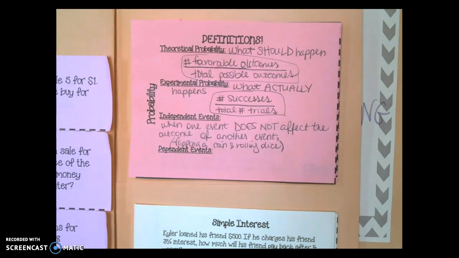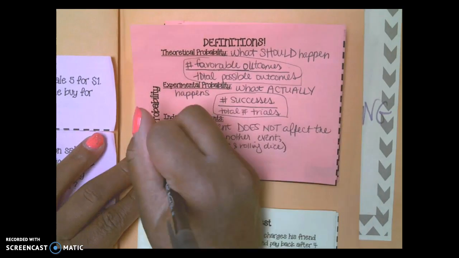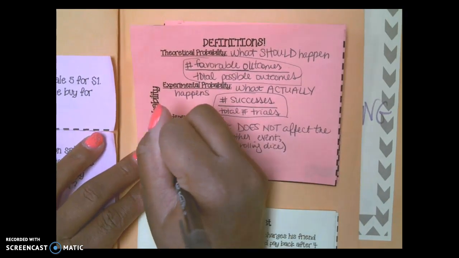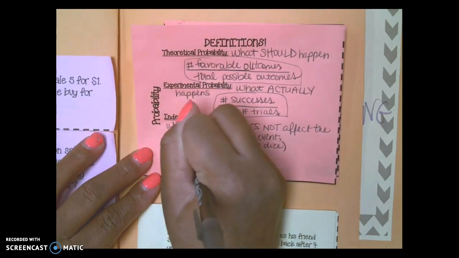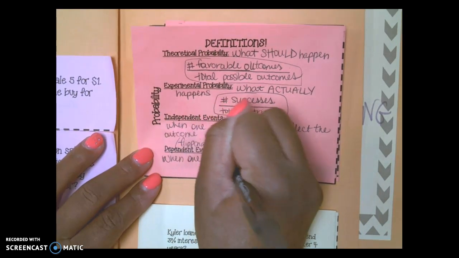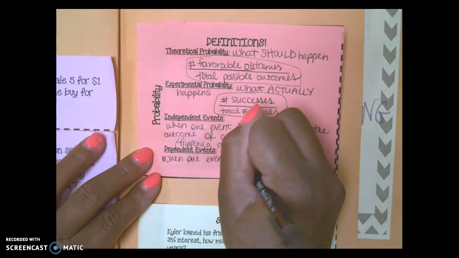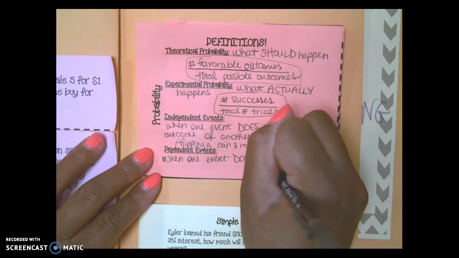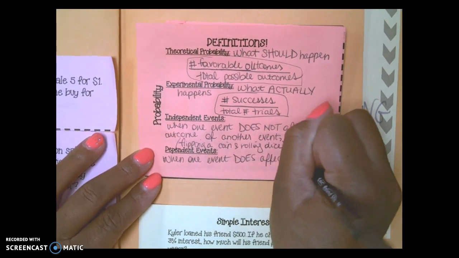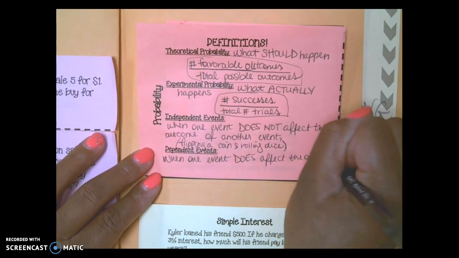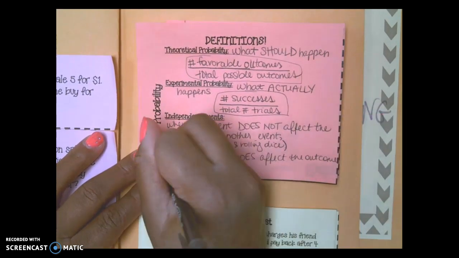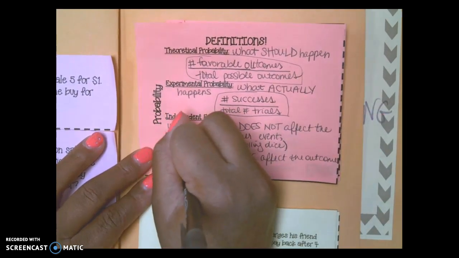Dependent events. When one event does affect the outcome of others.